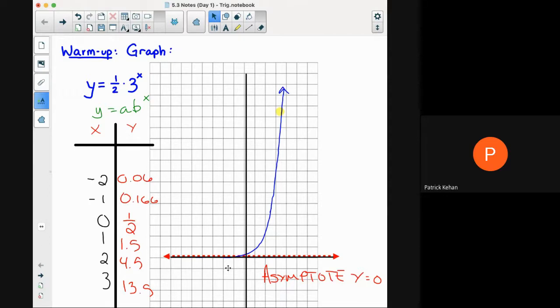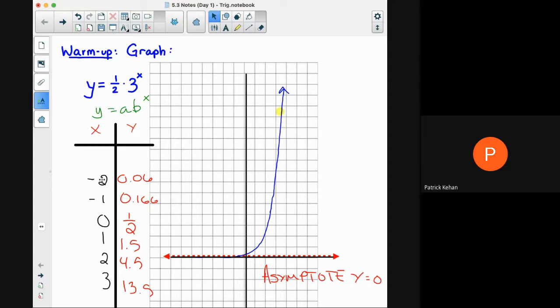Other things we should point out are domain and range, which we may have forgotten about. The domain of the function is the set of all input values. Even though there's an asymptote here, there's nothing stopping me from putting smaller and smaller input values into the function to obtain output values. Those output values get closer and closer to 0 as the input values get smaller, but nothing stops me.